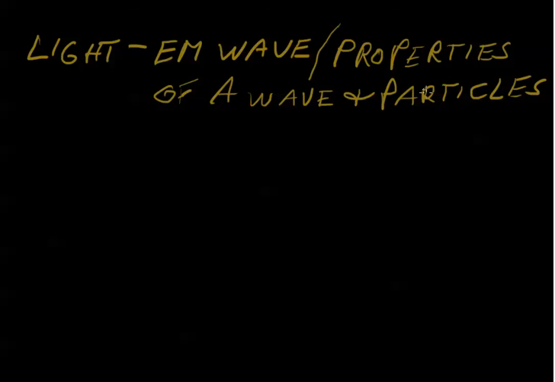When you get into physics, you're going to get into this whole wave particle nature of light. But an interesting thing on an electromagnetic wave or a light wave is a term called a photon.